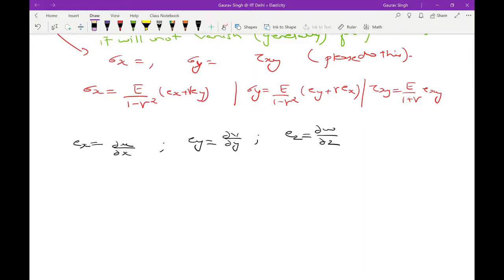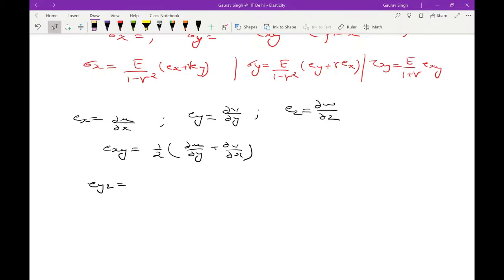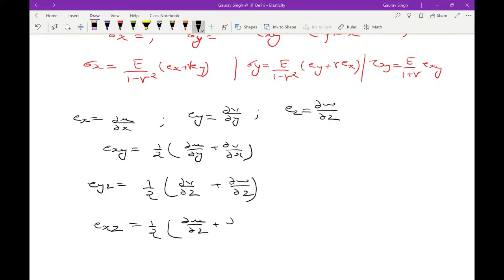Exy will be equal to half of dou u by dou y plus dou v by dou x, and Exz is equal to half into dou u by dou z plus dou w by dou x.